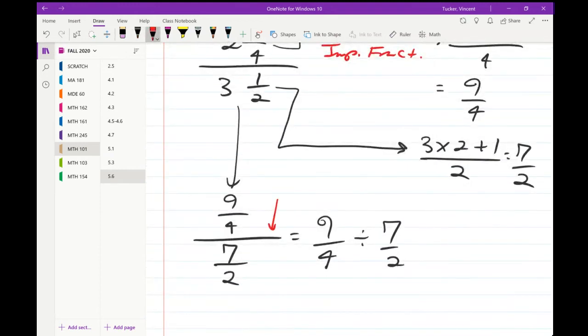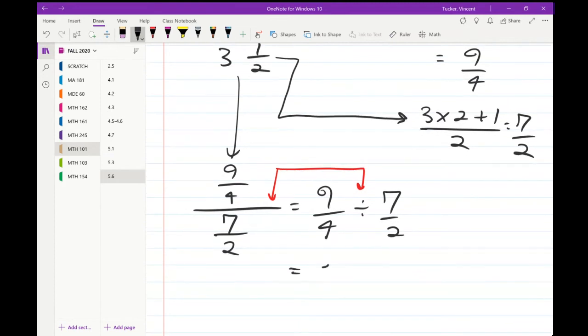That division bar is the same thing as this division sign. Don't forget, when you divide by a fraction, you multiply by the reciprocal. So that means we have 9/4 times 2 over 7.